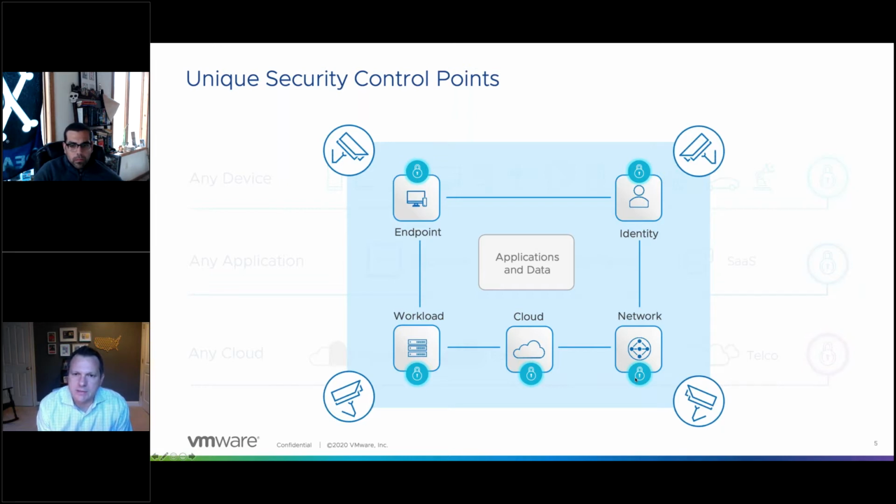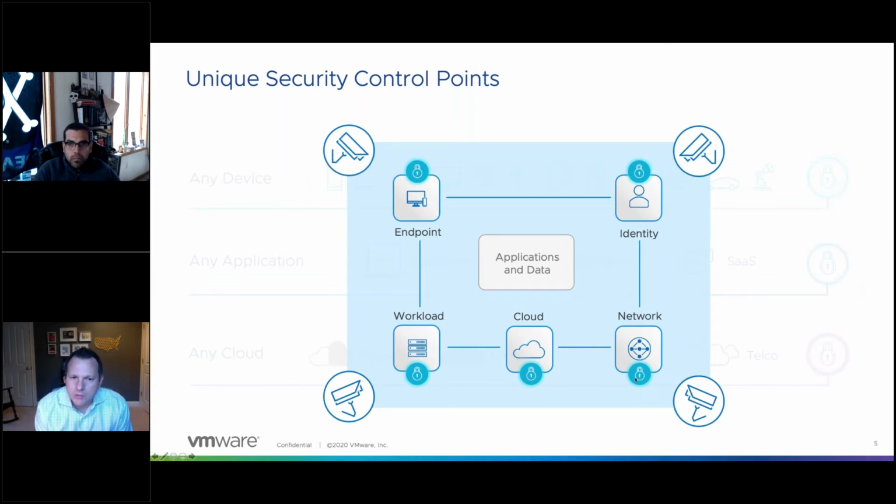In the context of an endpoint, you deploy agents out to endpoints. When you think about networks, you deploy network taps and try to get some visibility into network behavior. So you need some level of visibility and control, and you need to get some level of view into how the infrastructure is behaving.